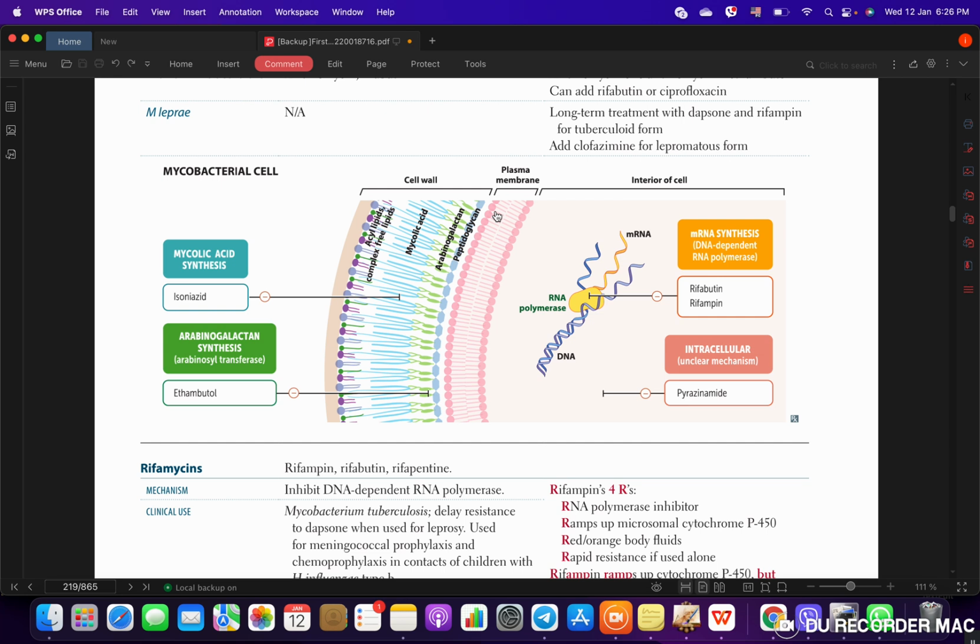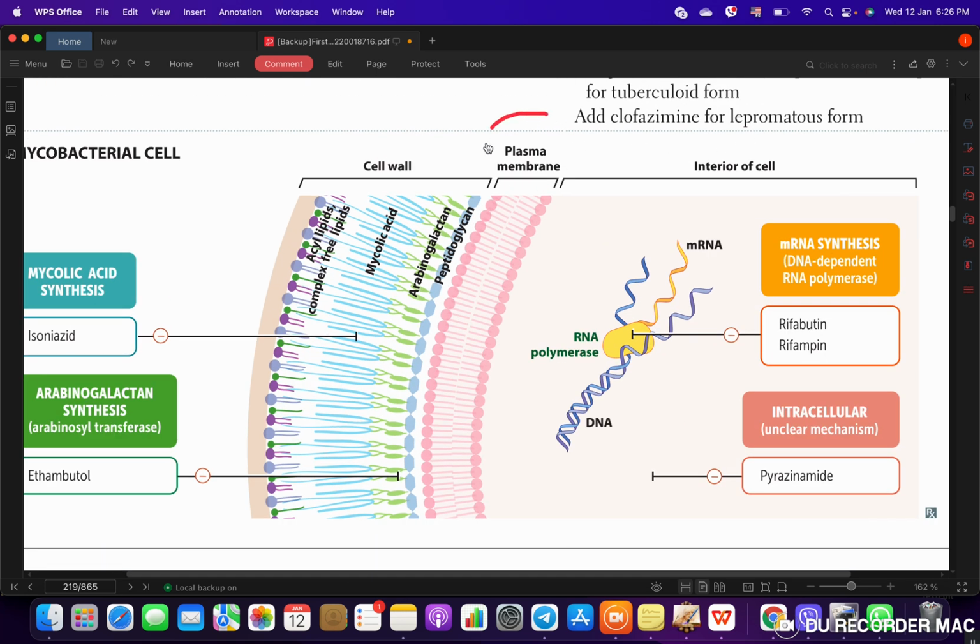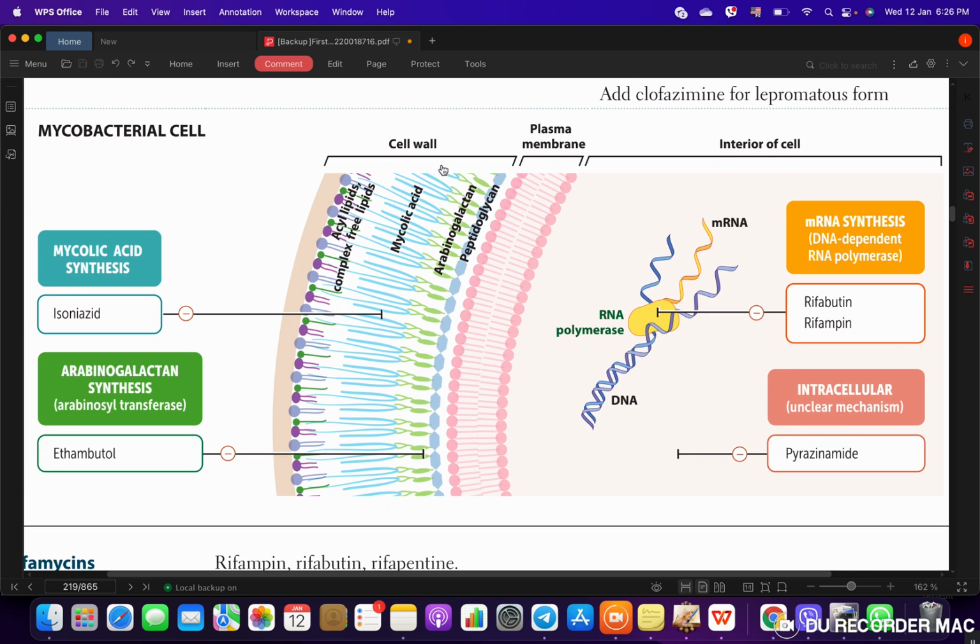The Mycobacterium cell has a plasma membrane. That's fine. It has peptidoglycan layers like most of the normal bacteria. Then it has arabinogalactan, which is basically a sugar located inside of the wall. And then there is this layer, mycolic acid, which is highly characteristic of it, and you will never find it in anything else.